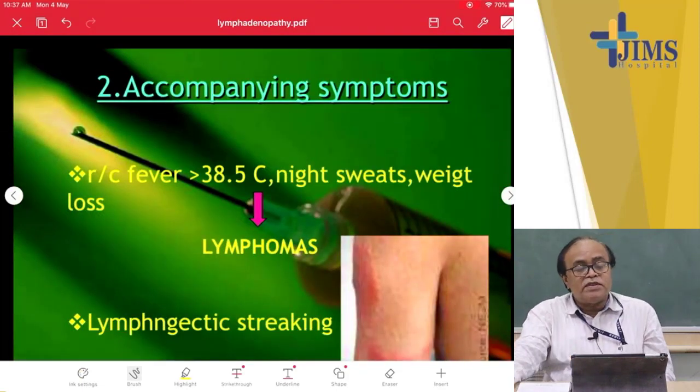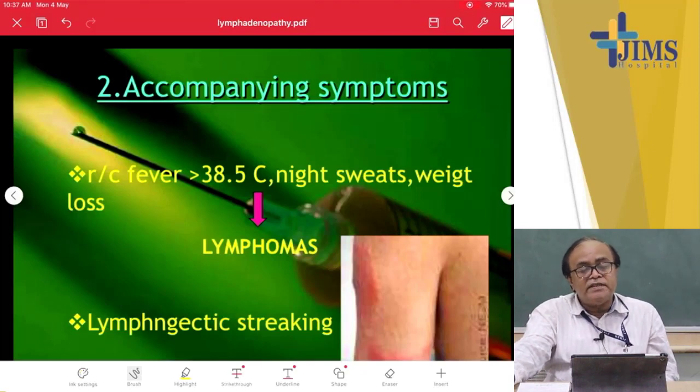Now, with lymph nodes there may be accompanying symptoms which are very important. What are those? Recurrent fever. Patient is having fever for 3 weeks, 4 weeks or 6 weeks, temperature more than 38.5 degrees centigrade, there may be night sweats, history of weight loss.